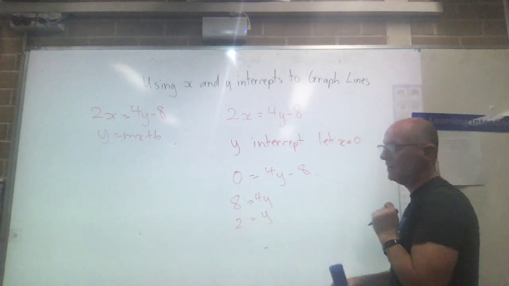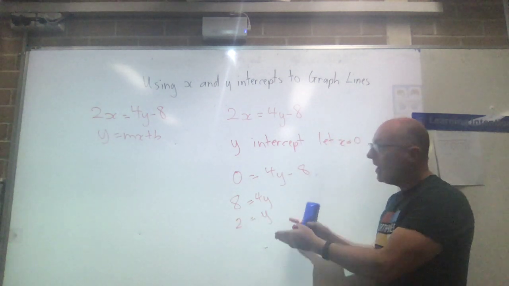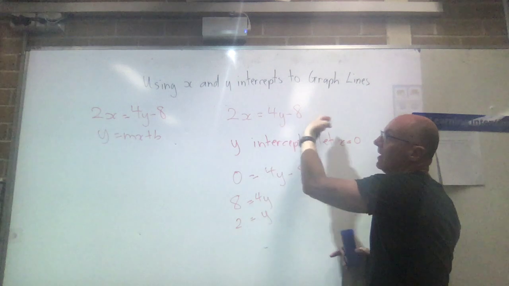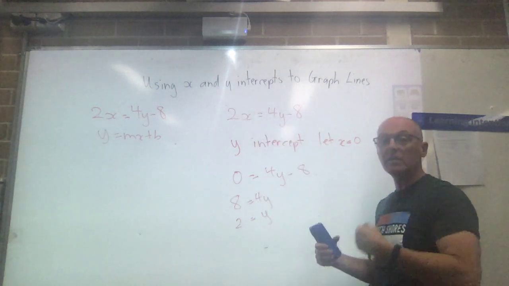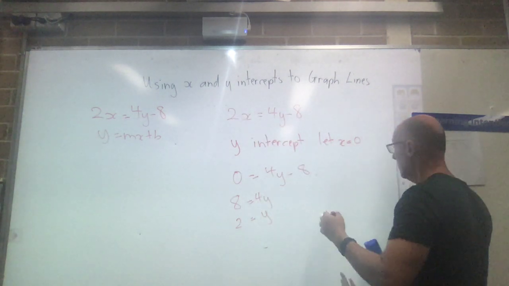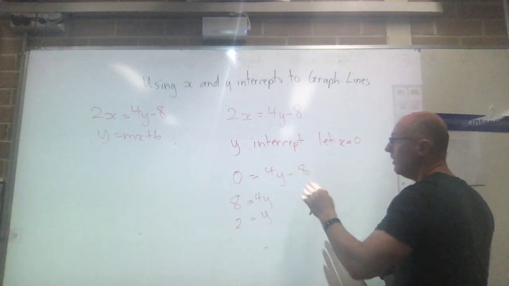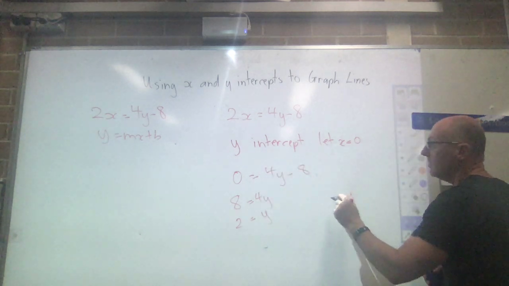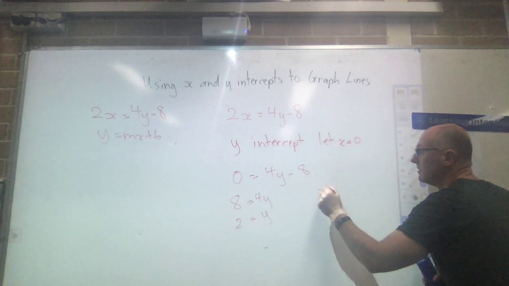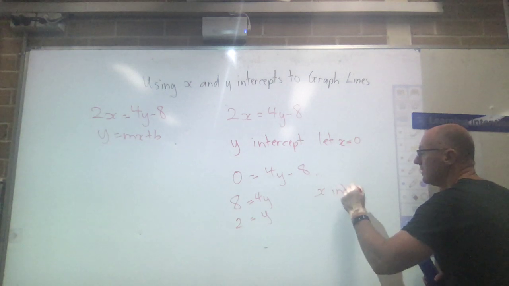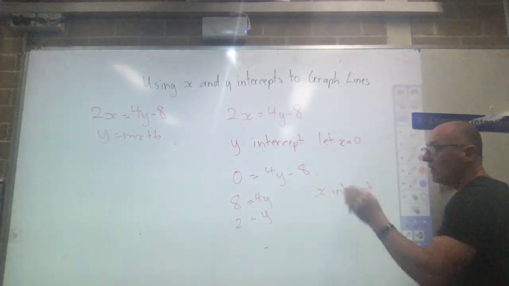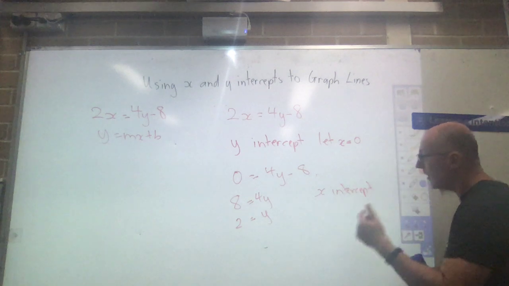Hope we've done that right. Now we know the y-intercept, which wasn't obvious from the equation. All we need now is the x-intercept. Remember, everywhere along the x-axis, y equals 0.